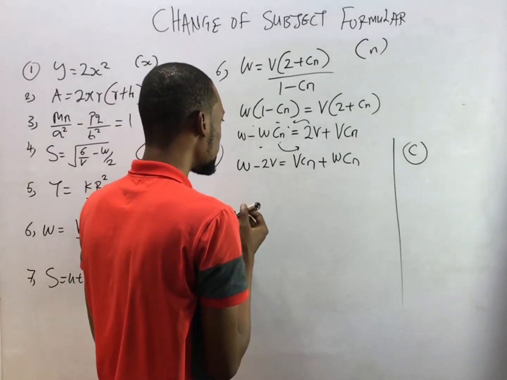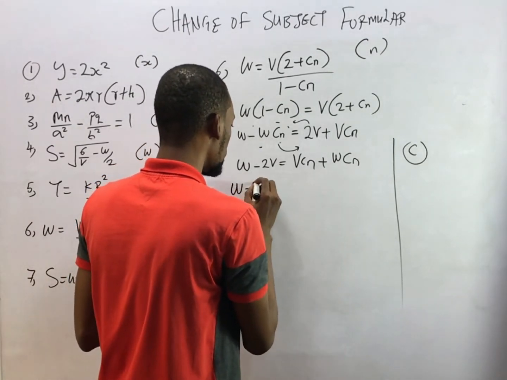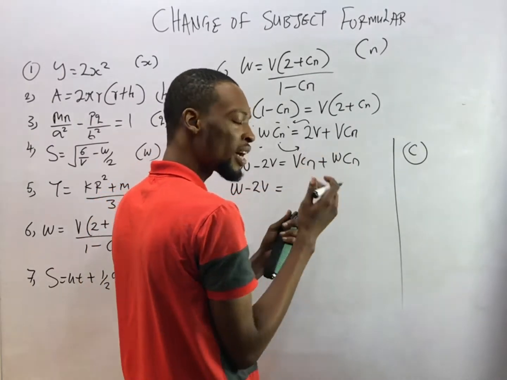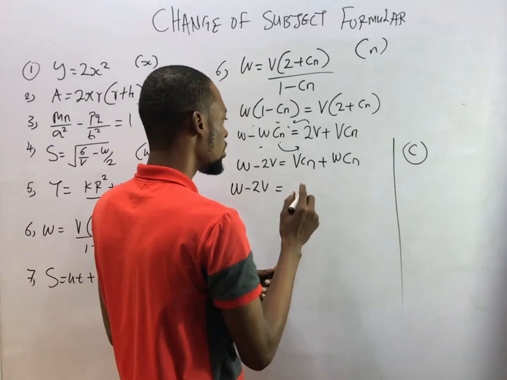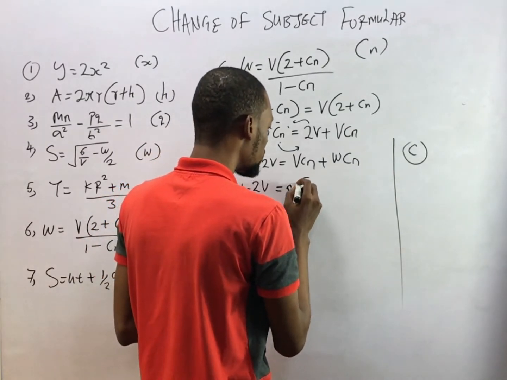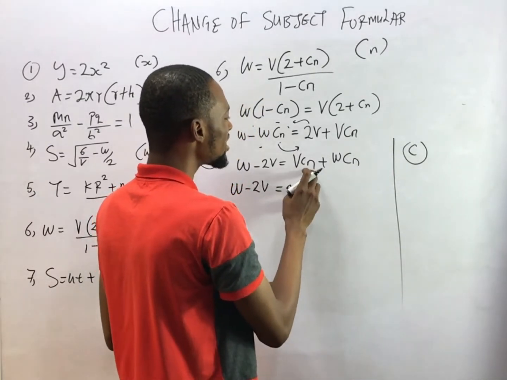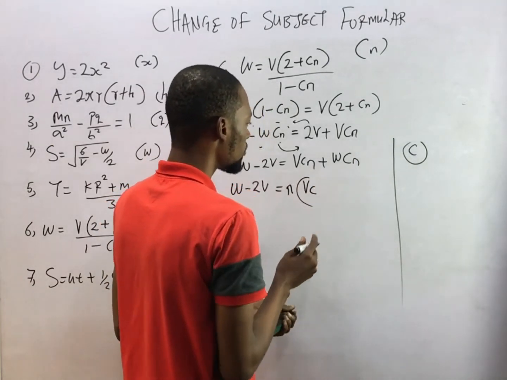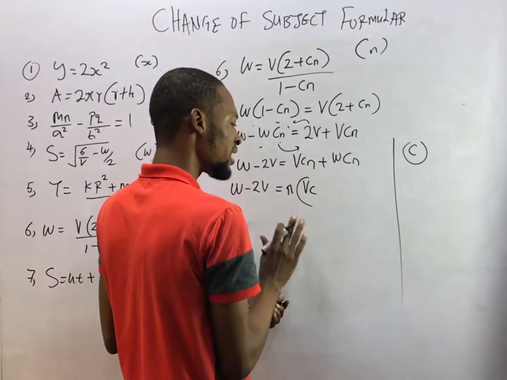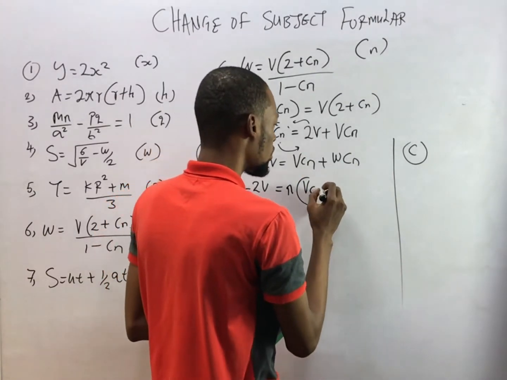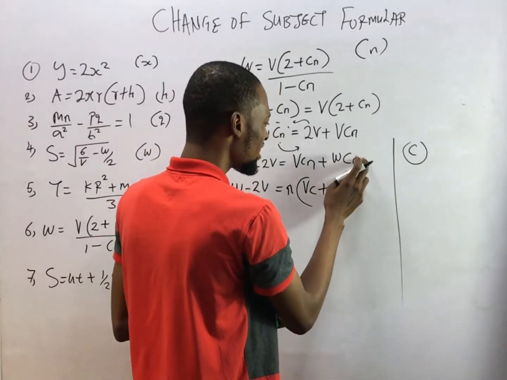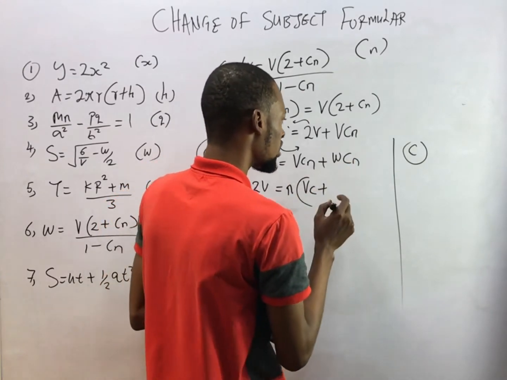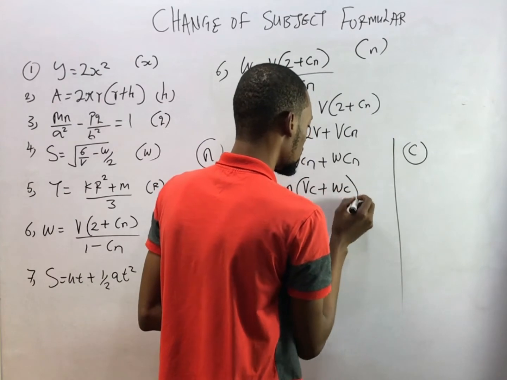So making n subject formula, I can say W minus 2V is equals n(...), here I pick one n. That's called factorization. So if I pick n here, bracket, VCN divided by n would give you VC, because n divided by n will cancel n, remaining VC, plus WCN divided by n. They have n in common, so n will cancel n, leaving behind WC.